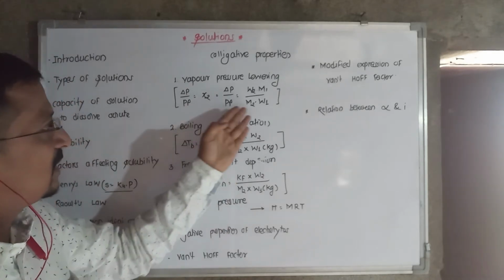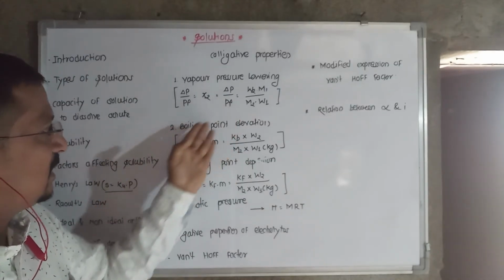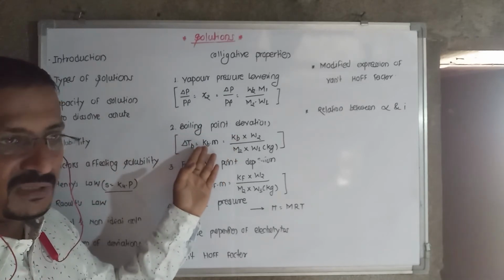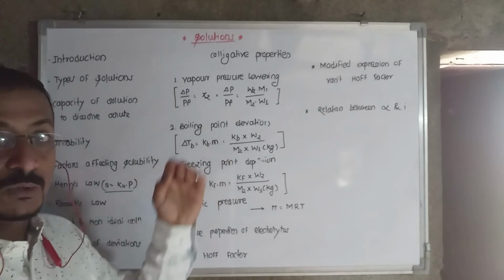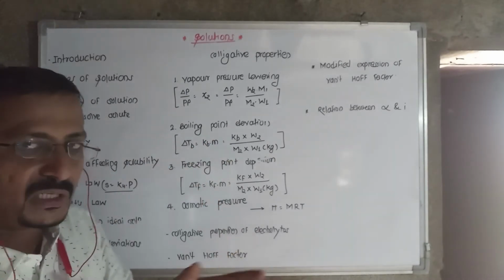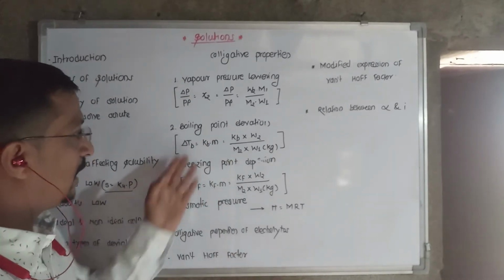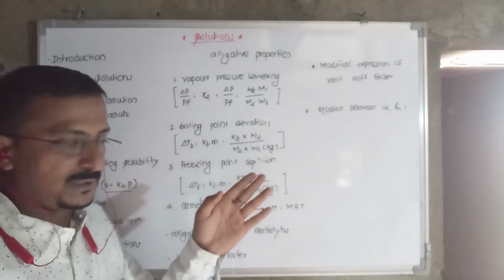For boiling point elevation there is a constant Kb, called the molal elevation boiling point constant or ebullioscopic constant, with unit Kelvin kilogram per mole. Numericals were also seen in the last lecture.